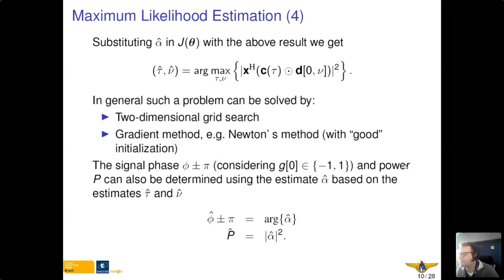And the power is the absolute valued square of alpha hat. This is an estimate for the signal power in our case, because we have normalized our model such that the signal power then is the absolute valued square of alpha hat. So we can derive immediately all the parameters of interest if we have found the estimate for tau and nu, tau hat and nu hat.